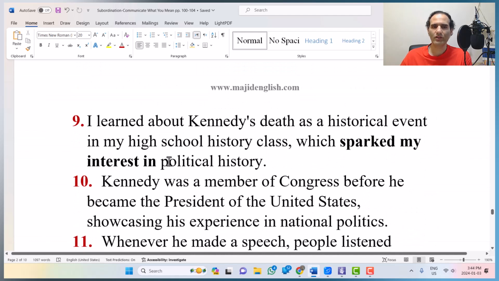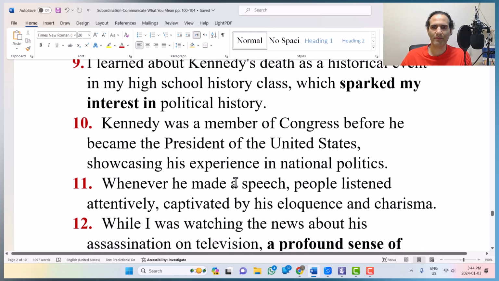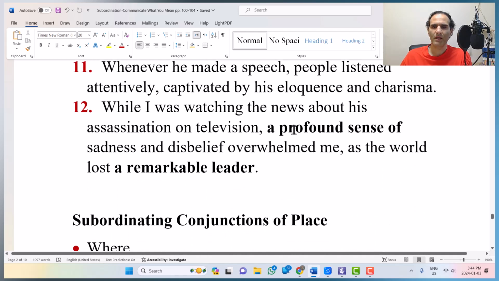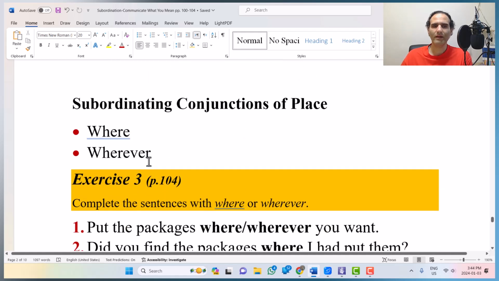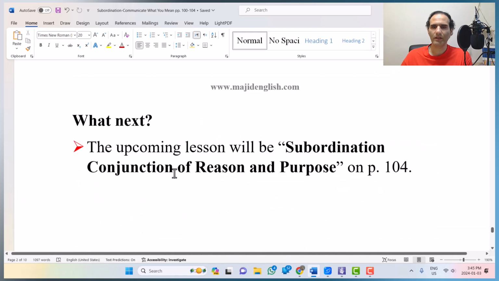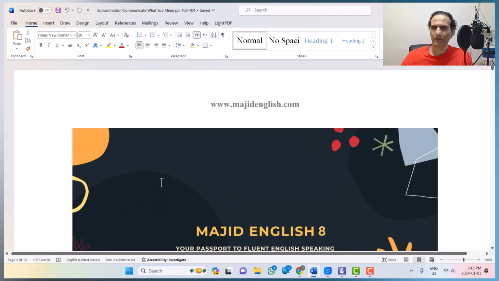Spark my interest in something. Started or ignited my interest in something or enthusiasm in something. A profound sense of whatever. A remarkable leader. A beautiful, instead of saying a good leader, a remarkable leader. And where and wherever that we covered and were not very difficult.